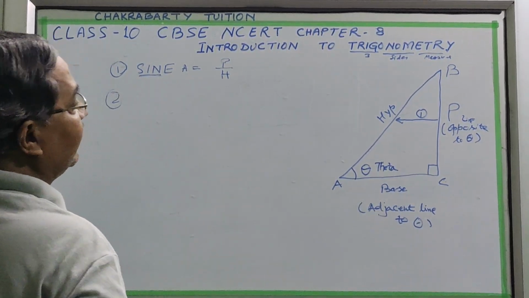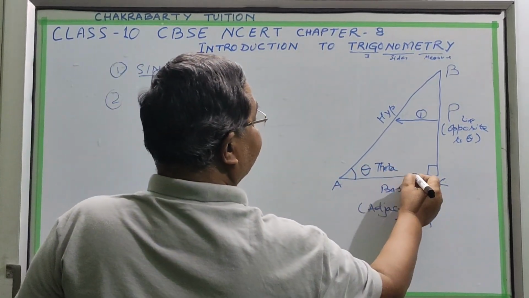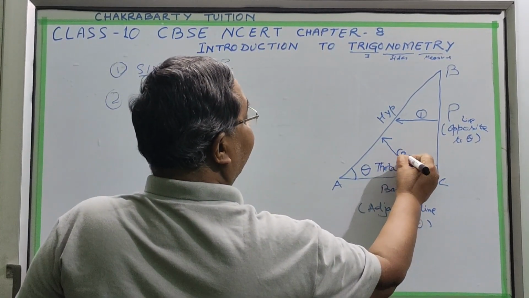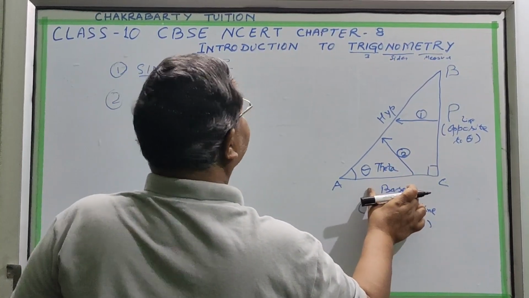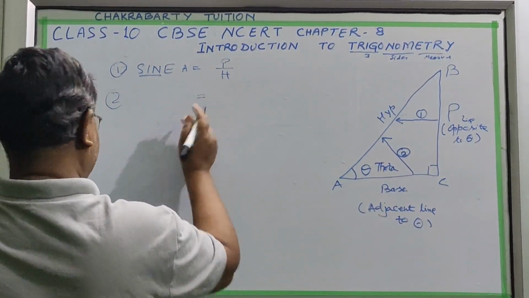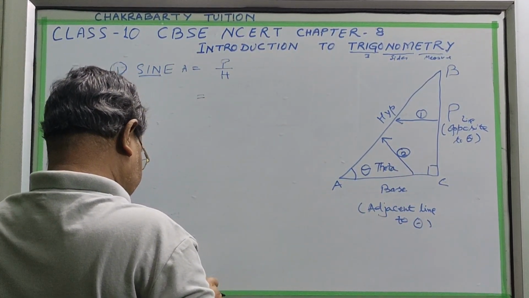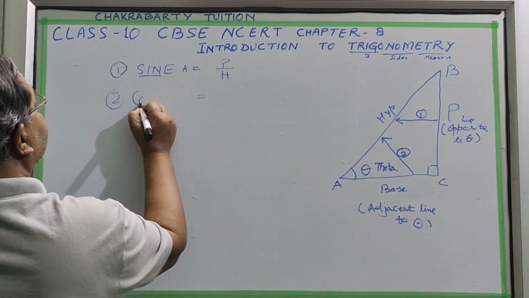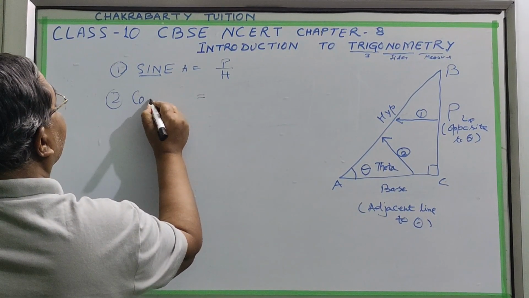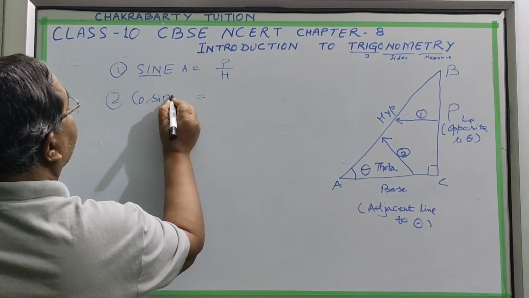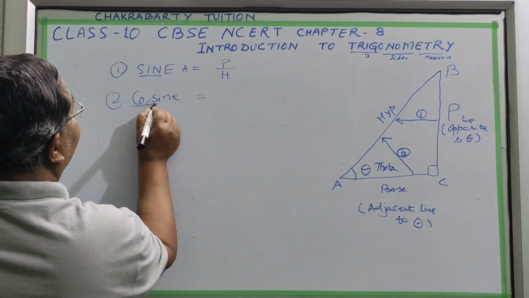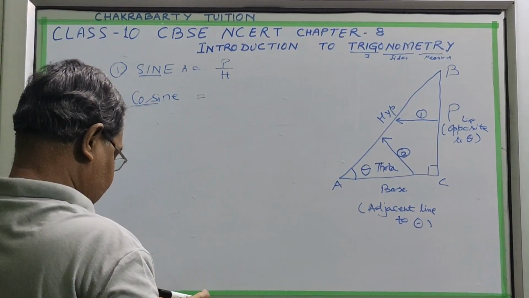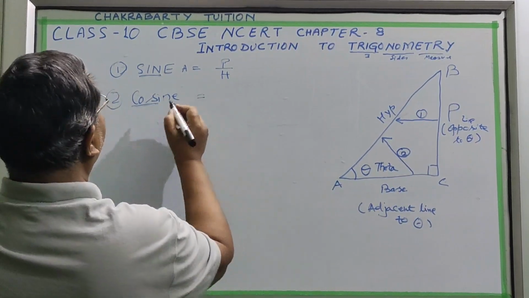Now, suppose the second relationship. The second relationship is this one. This is your base. So the second relationship they have termed cosine, and we call it cos.